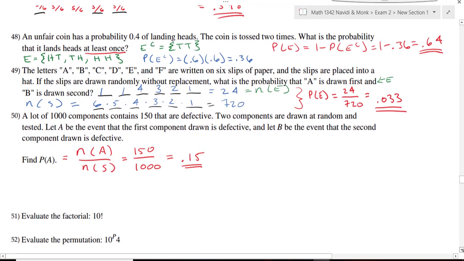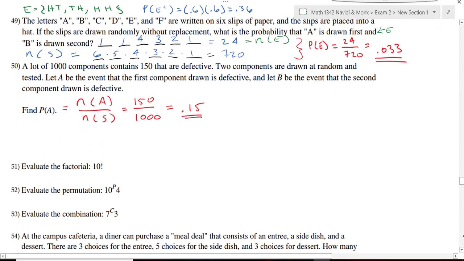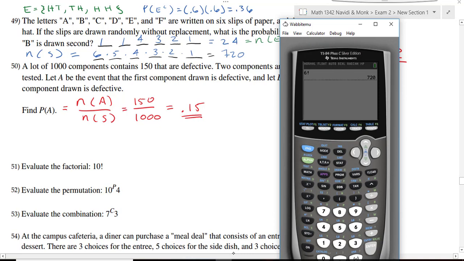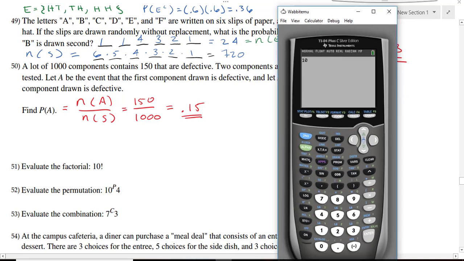The next few questions are basically just making sure you know how to use your calculator, and we'll do these on our calculator together. To do 10 factorial, we first put 10 on the home screen, then we hit math, go over to probability, down to number 4, and hit enter. There's 10 factorial.